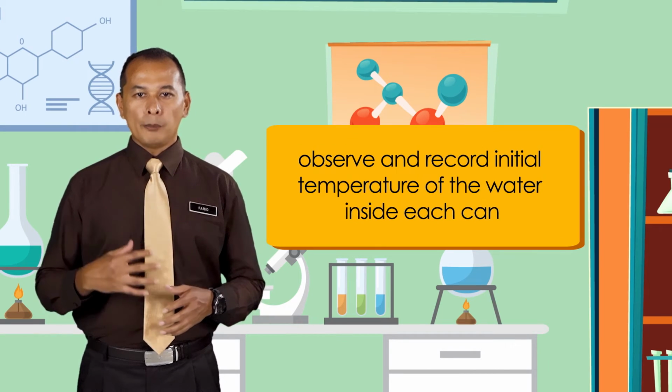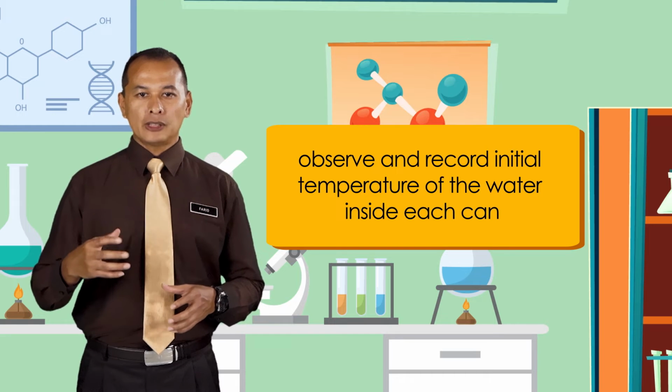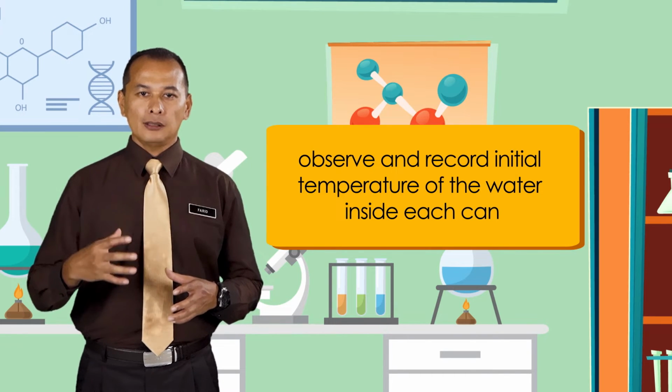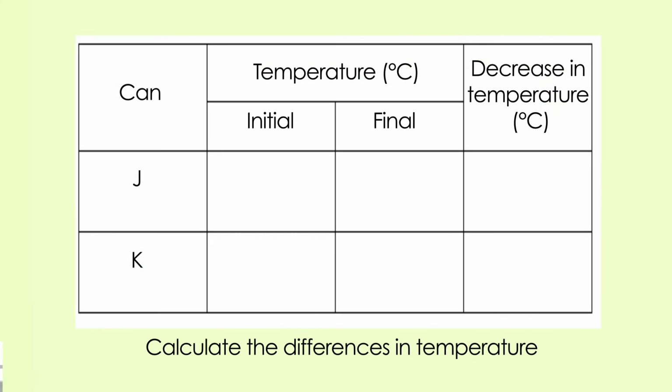We need to observe and record the initial temperature of the water inside each can. Then let it be for 10 minutes. Observe and record the final temperature after 10 minutes. Calculate the differences in temperature.